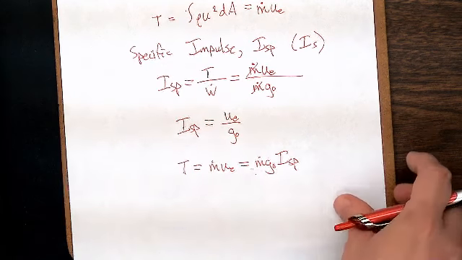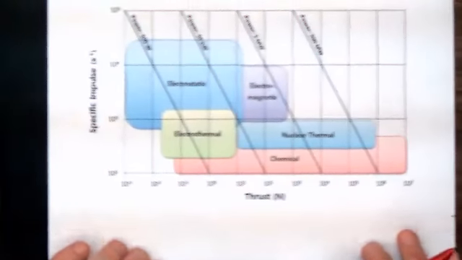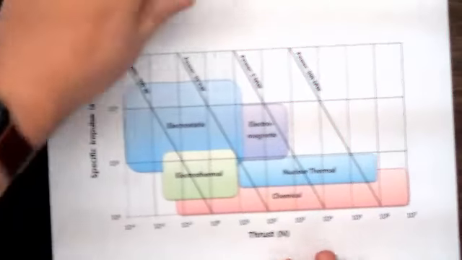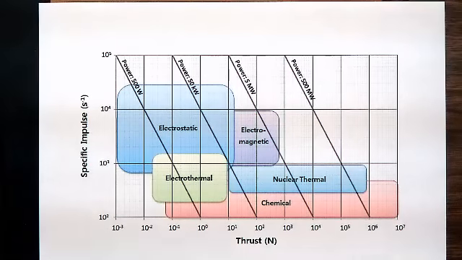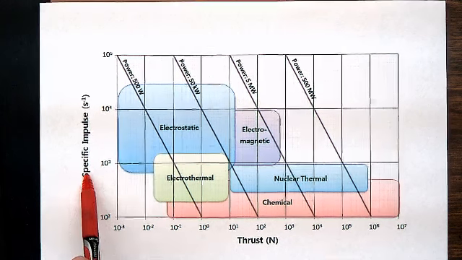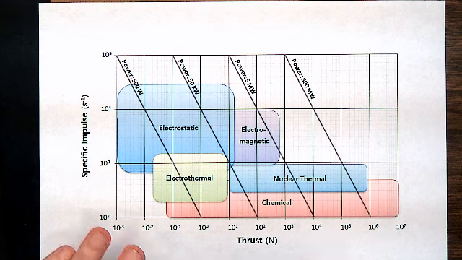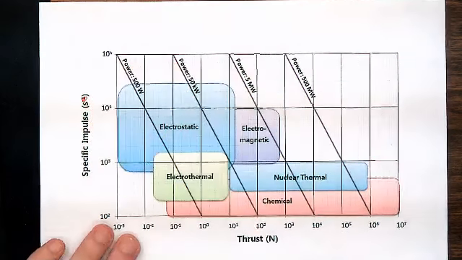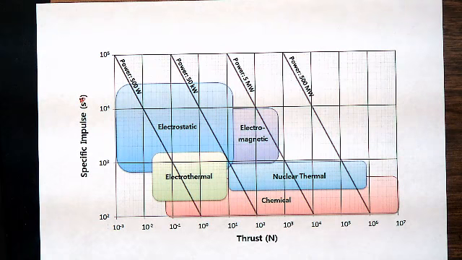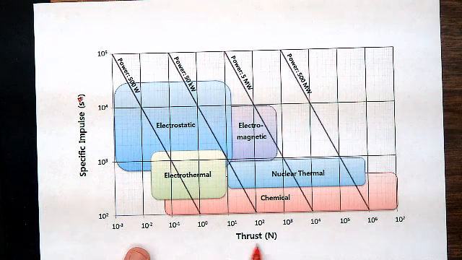That's just kind of a background as to why we want to use these things. Now, just to give you a feel for specific impulse, I've got a chart here that I pulled off of the internet. Okay, so here we have specific impulse. This 1/seconds is wrong. Specific impulse comes to us in units of seconds. But specific impulse is a function of thrust.